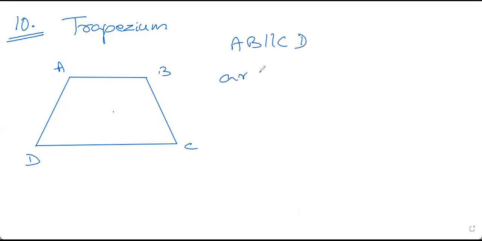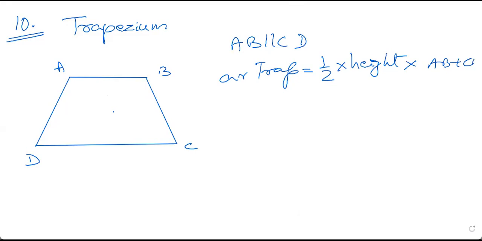Then the area of the trapezium can be calculated as half into height, or the distance. This is called the distance between sides, and then AB plus CD, the sum of the parallel sides.